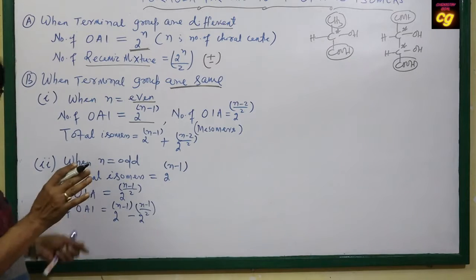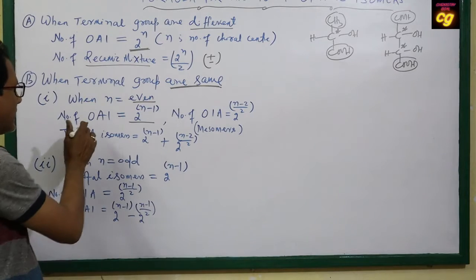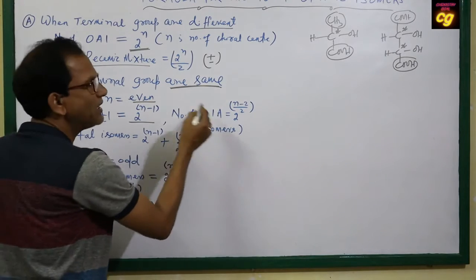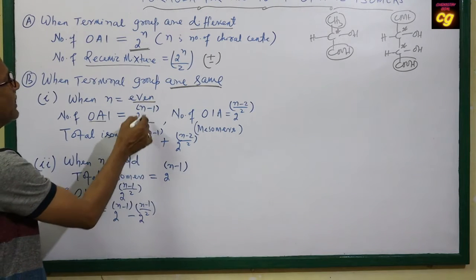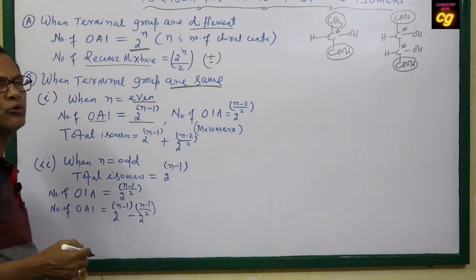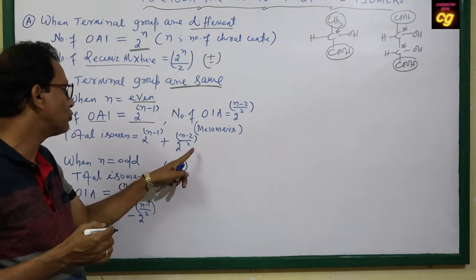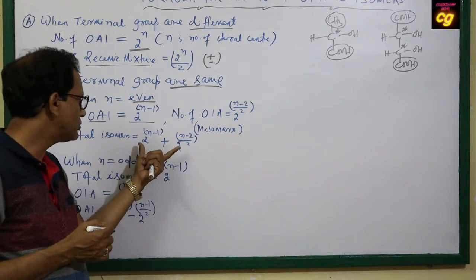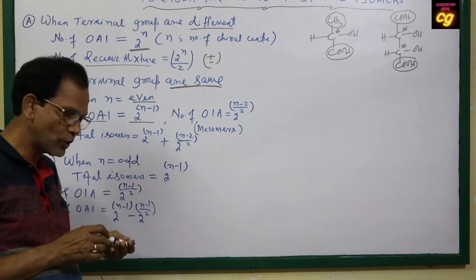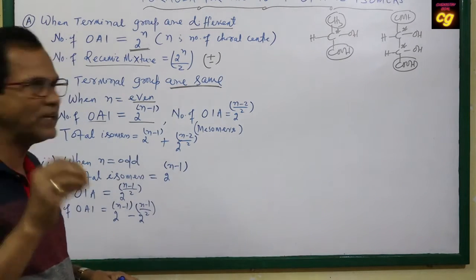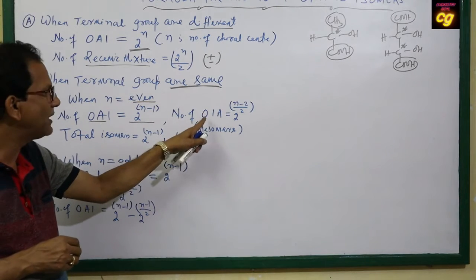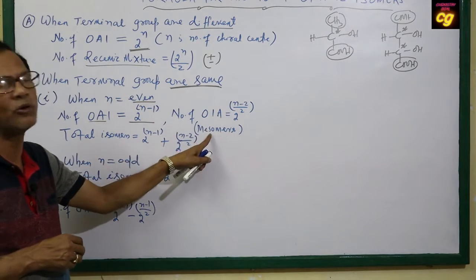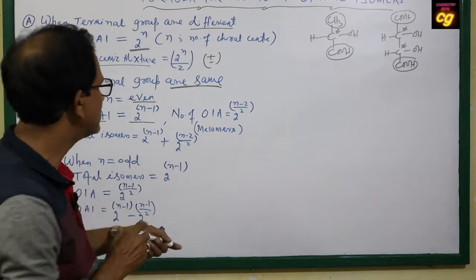Then total isomers means optically active isomers plus optically inactive isomers. So the result is 2 to the power n minus 1 plus 2 to the power (n minus 2) by 2. You have to remember this formula. This is the total number of isomers produced, including optically active and optically inactive isomers. Optically inactive isomers generally are called mesomers. This is very important.